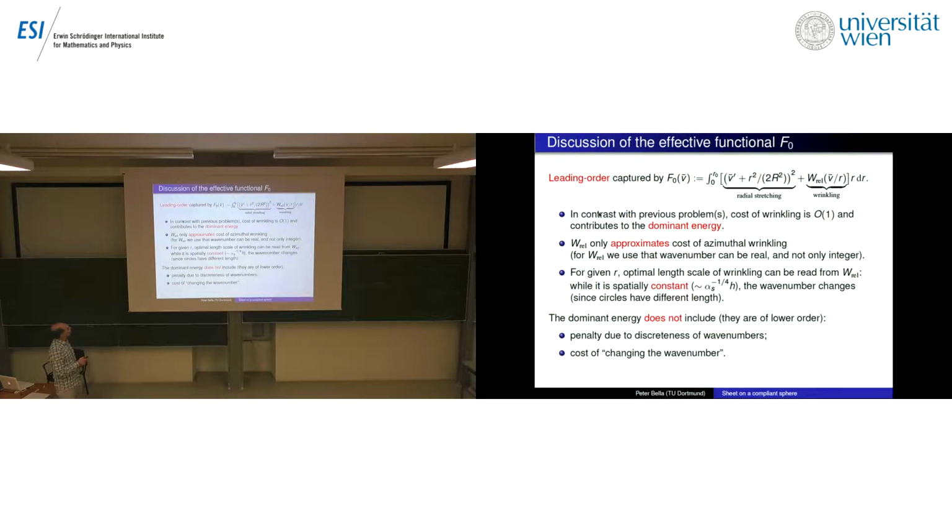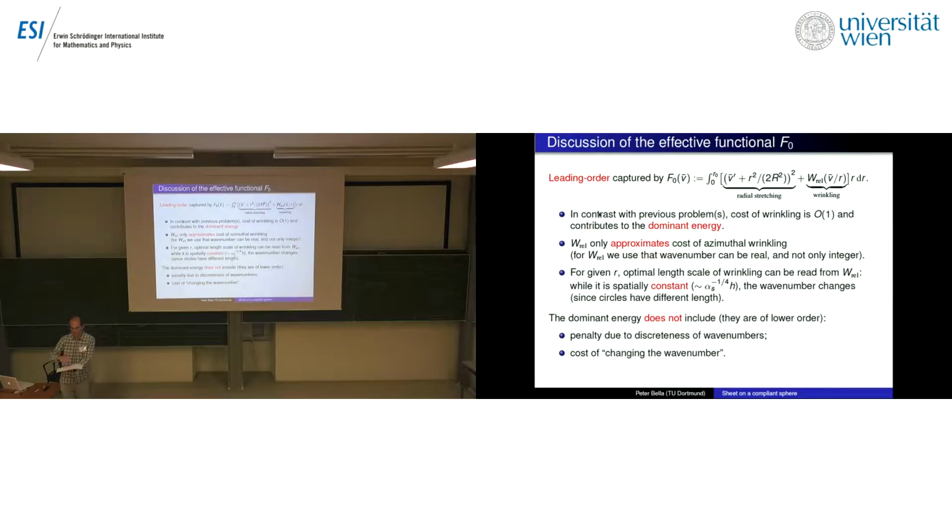Okay? But this dominant energy does not include two contributions. One contribution is the cost of changing the wave number. One can say, why do I need to change the wrinkling if the wrinkling length scale is constant? But the problem is that one has these circles along which we want to wrinkle.